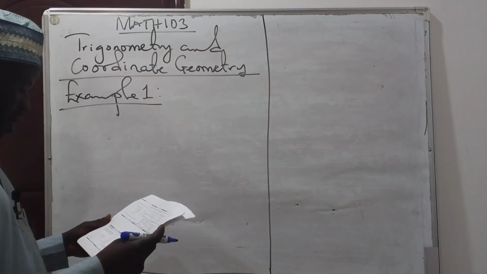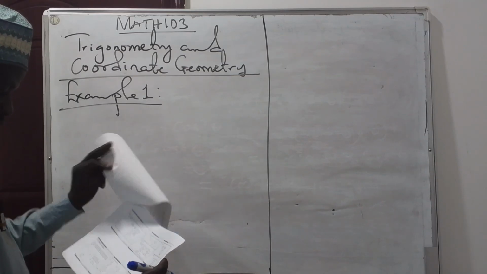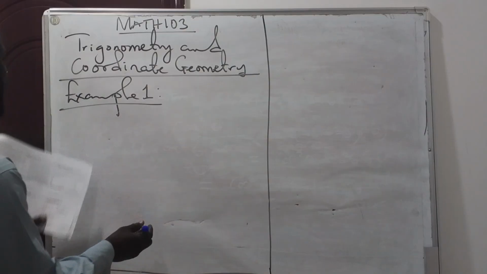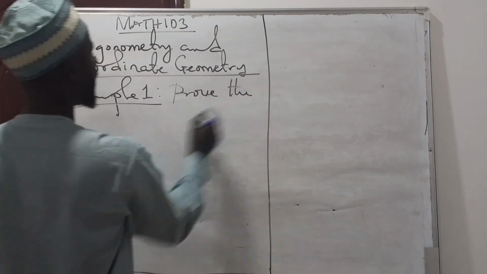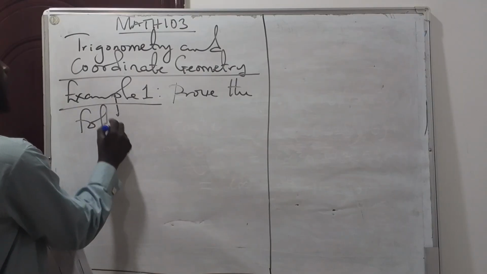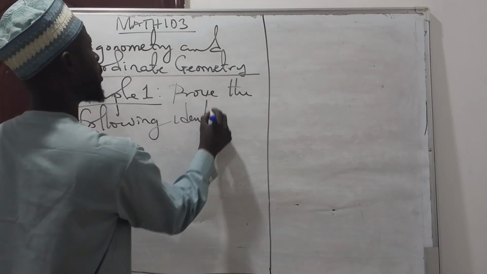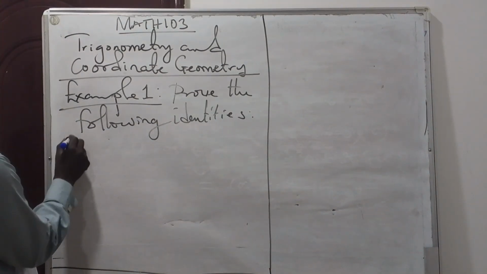In this example, we are saying prove the following identities. So these are the following identities.